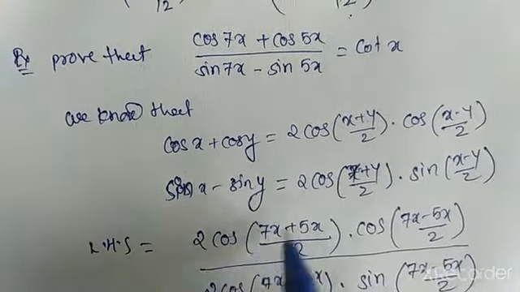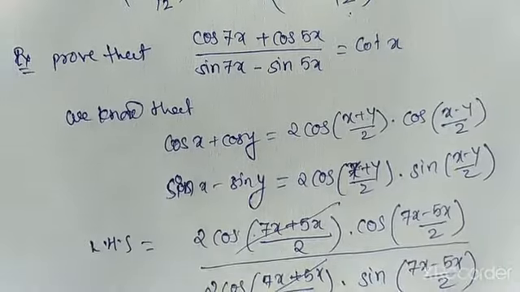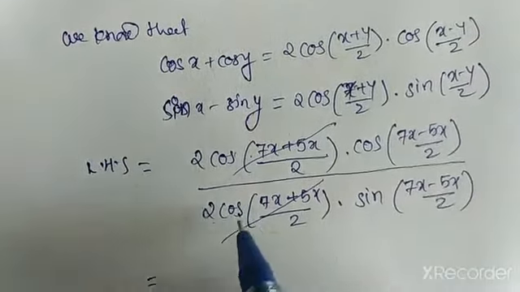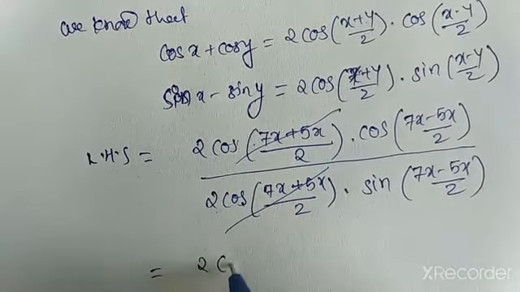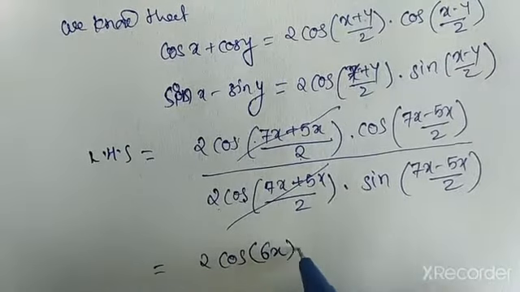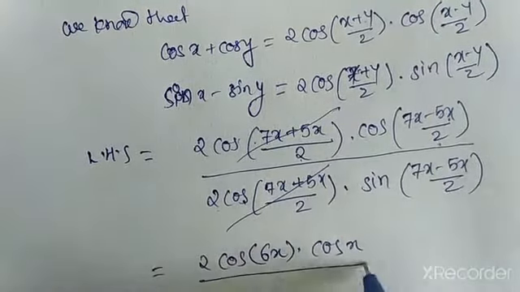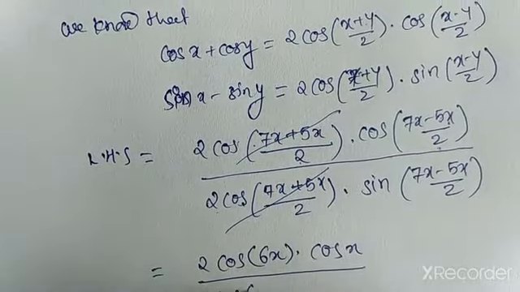This will cancel because both are cos of the same angle, or you can simplify and then cancel. So it will be twice cos of 7 plus 5, 12 upon 2 is 6x, into cos of 7 minus 5, 2 upon 2, is cos x, and cos 6x into sin x.